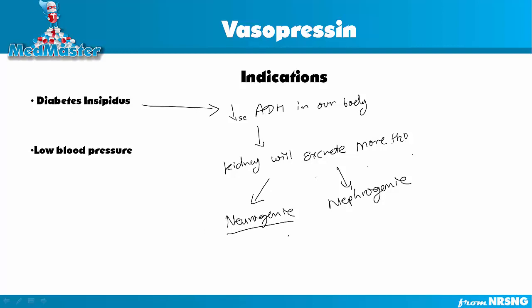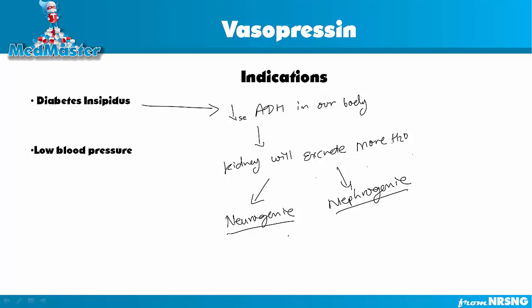And if your body doesn't have enough ADH, kidneys are not going to be able to reabsorb more water from the collecting ducts, and that's how our body is going to lose more and more water. That's basically diabetes insipidus. Since I work in neurocritical care, we see those patients a lot with neurogenic diabetes insipidus, since they have a tumor of the pituitary gland and get a resection of the pituitary gland, then their body won't produce any more ADH because there is no pituitary gland left.